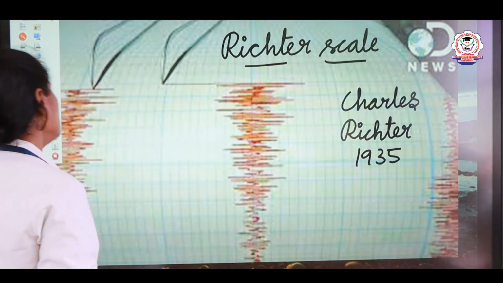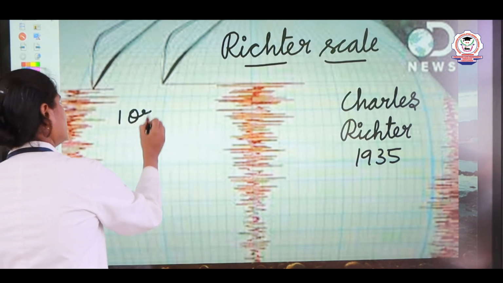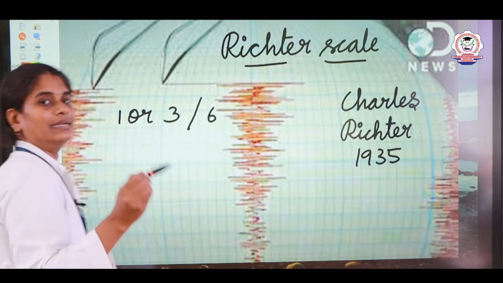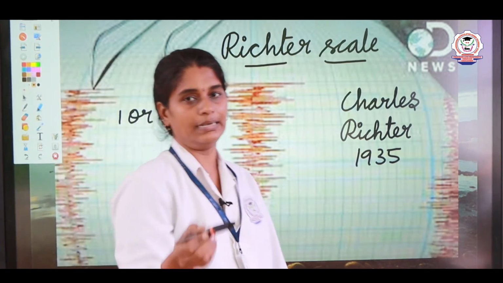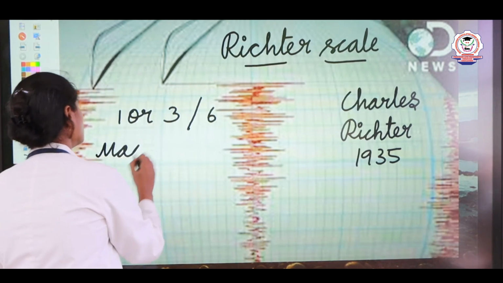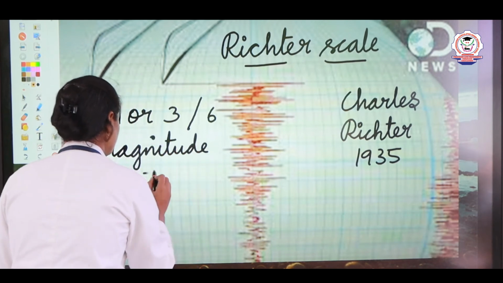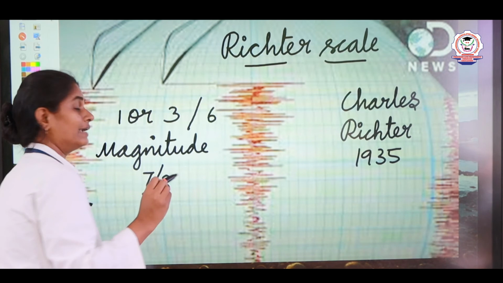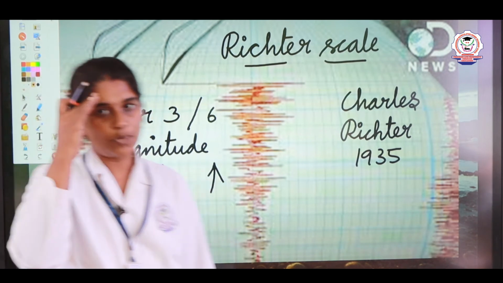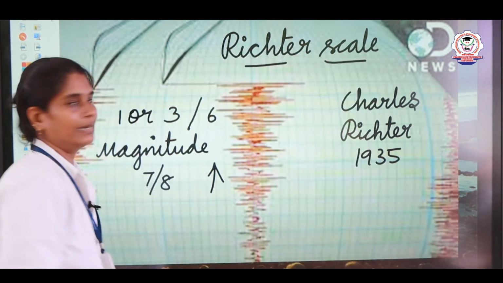When the earthquake magnitude is 1 or 2 or 3, or below 6, the earthquake is milder. But when the magnitude goes above 7 or 8, that is known as a heavy earthquake. During a heavy earthquake, there will be massive damage. Okay. So, this is about Richter scale.